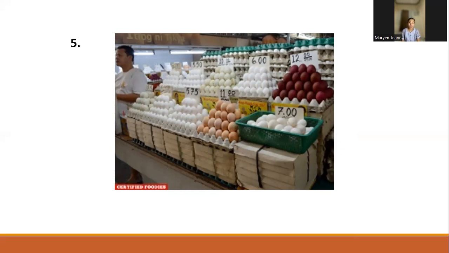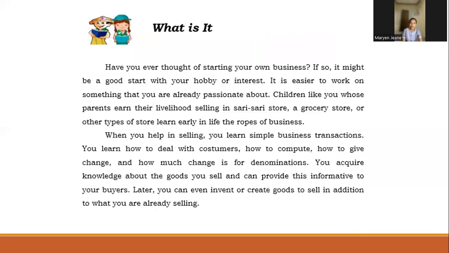And the one that we always buy is in white color. Okay, so the man is selling eggs. Now, very good. You have identified the sellers' products in their stores, in their business. Okay, now let's move on to the next part.